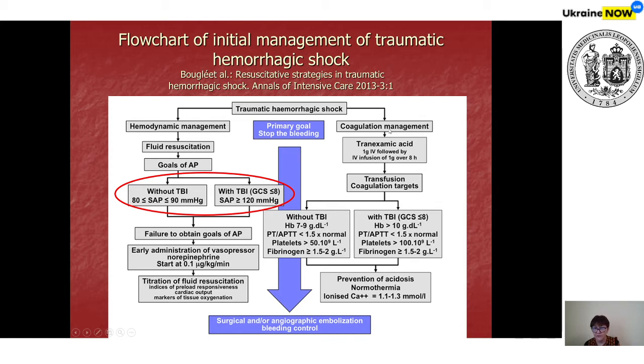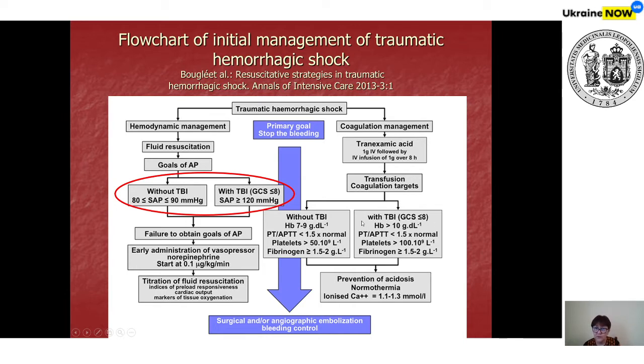Coagulation management. Tranexamic acid, an inhibitor of fibrinolysis, must be started at the pre-hospital level. 1 gram, then repeating this dose every 8 hours until bleeding stops. And transfusion coagulation targets. In patients without traumatic brain injury, a hemoglobin level of 70-90 gram per liter is enough.